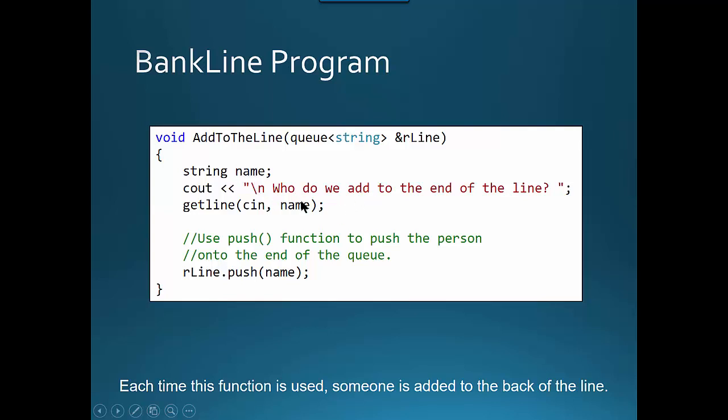And they're going to input the name. And then we're going to use the push function. So the queue class has a push function. In the vector class, we used a push_back function, but in the queue, we use a push function. And the push function will place this item, this object, at the end of the queue.